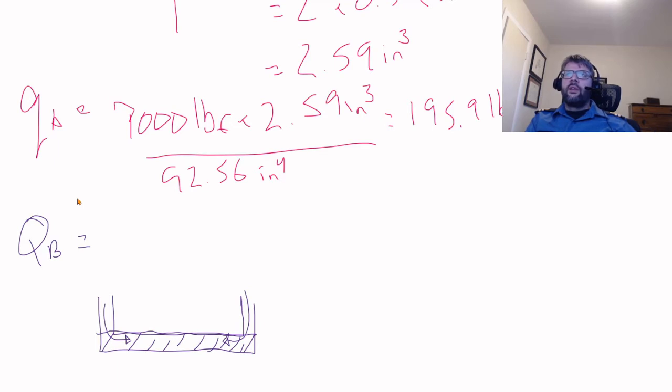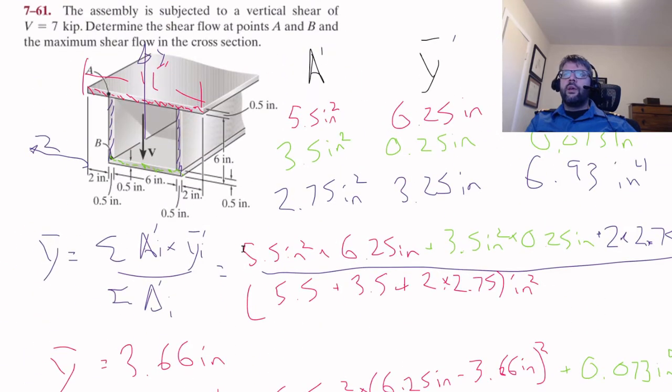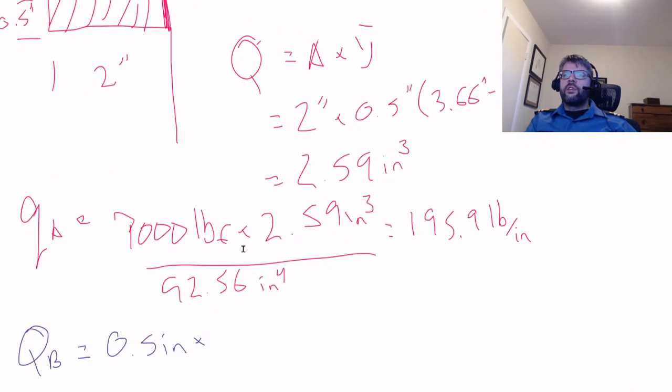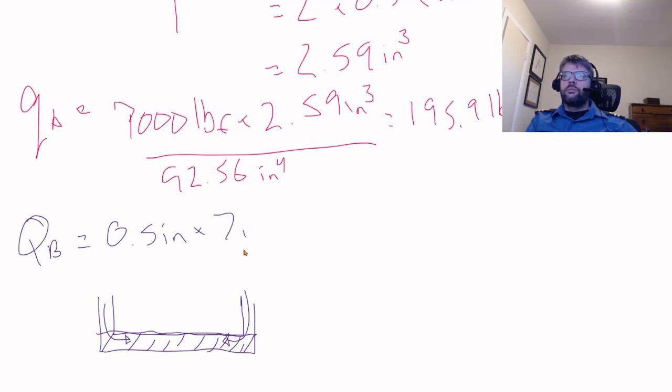So for that segment there, our area is the 0.5 inch thickness times its width of 7 inches, and then times its Ybar of the 3.66 minus the 0.25 inches. So from the centroid down to the middle of the thickness of that segment there.